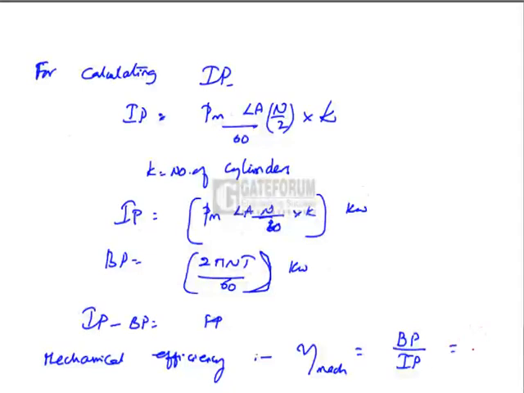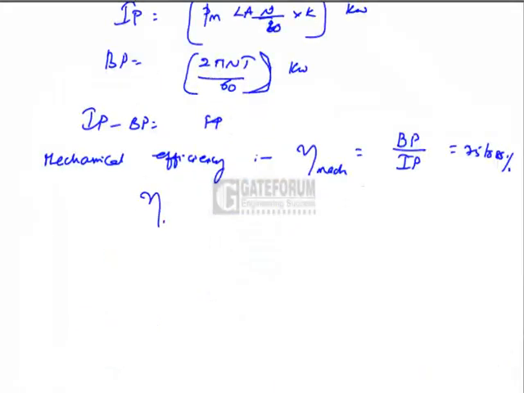It will be in the range of roughly 75 to 85% based on the type of the engine. Mechanical efficiency is usually a function of RPM, or the rotational speed of the engine, because frictional losses vary with the speed.